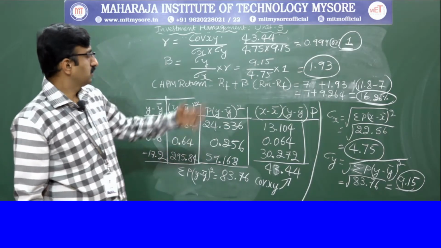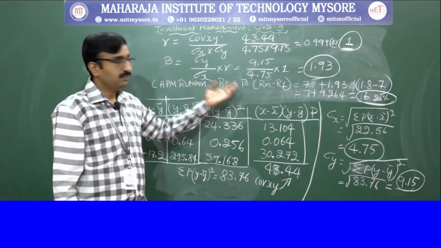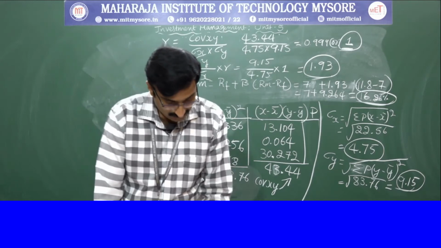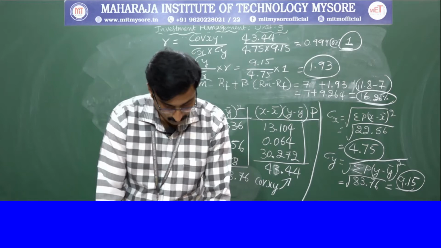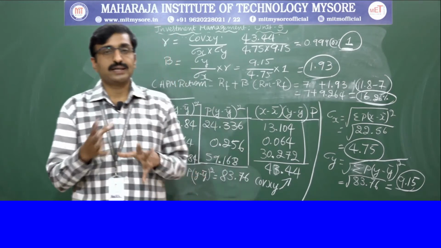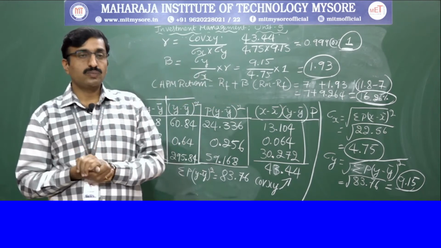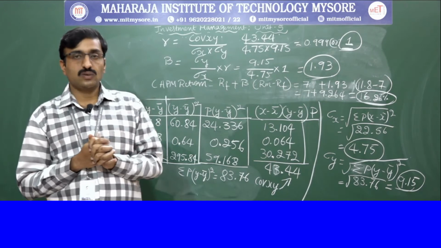So, you just take the conclusion from the previous problem. What is the conclusion for that? Actually we got 16.24% return. Expected return is how much? 12.2%.